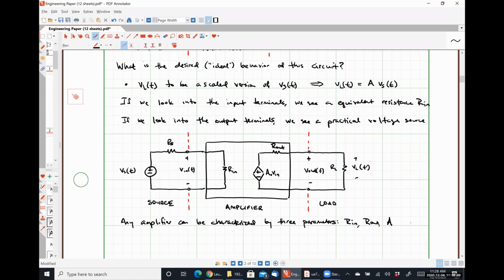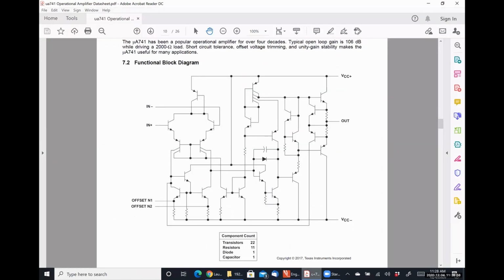Now, I'm going to show you guys a schematic diagram of the internal workings of an actual op-amp. This is a Texas Instruments uA741 op-amp, one of the most common op-amps used in general purpose signal processing.